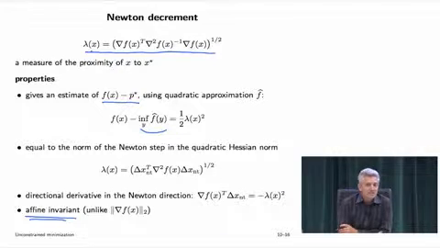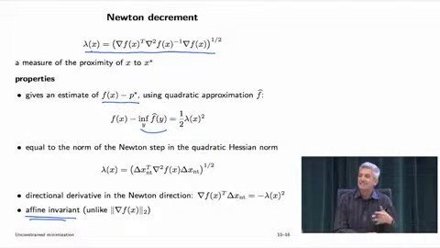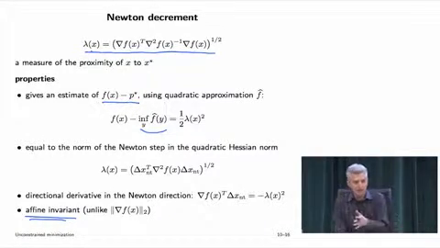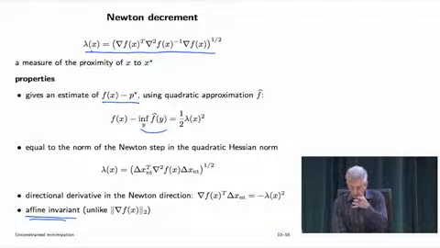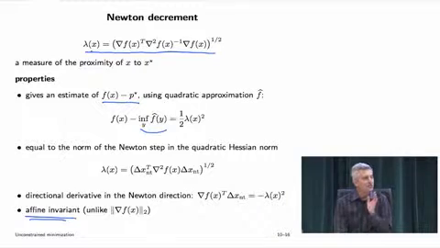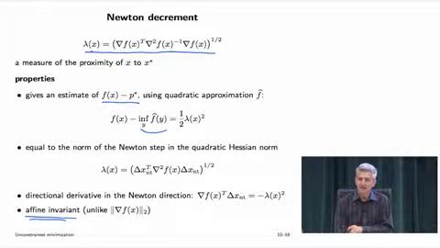The steepest descent, the gradient descent method does not commute with affine changes of coordinates. It is not affine invariant. Affine invariant means that some operation or an algorithm is invariant under, you get a commutative diagram. You change coordinates, run the algorithm, or you run the algorithm, change coordinates, you get the same thing. That's false for gradient descent.